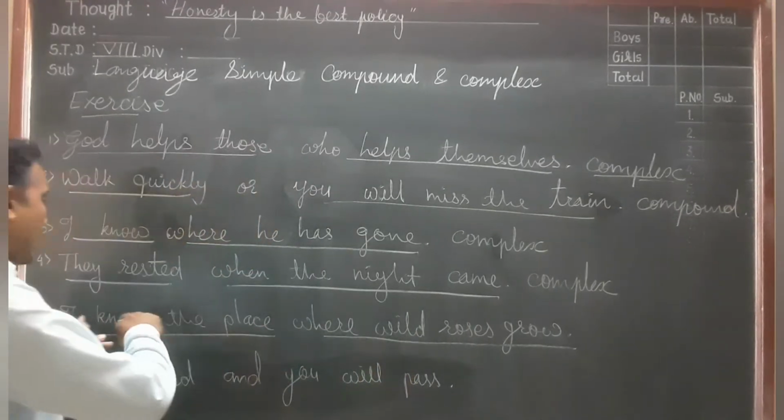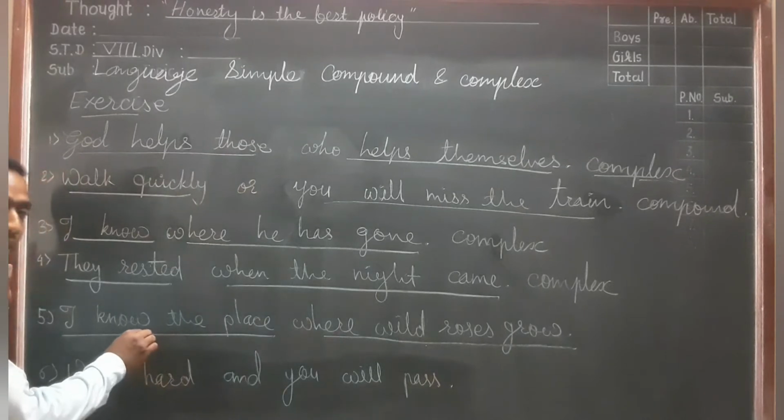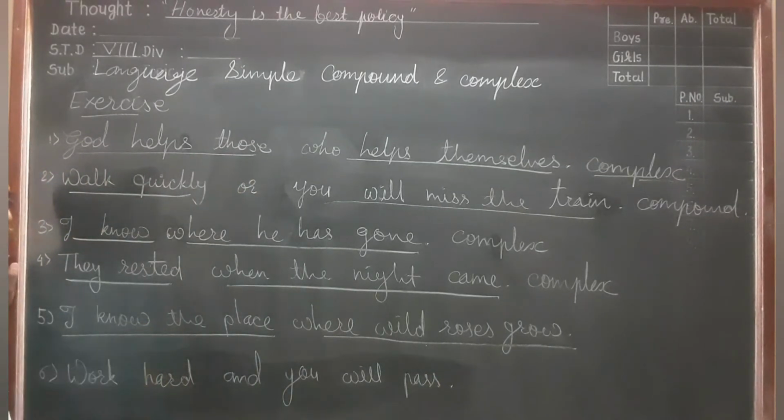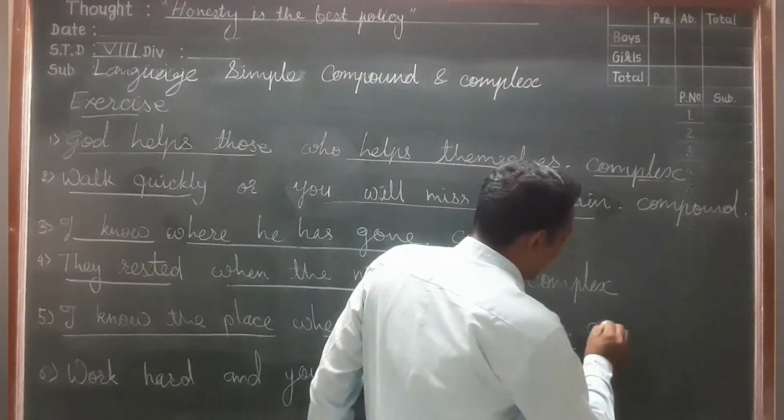It depends on I know the place. So it is a subordinate clause, and I know the place is the principal clause, meaning the main clause. So we can say that this is also a complex sentence.